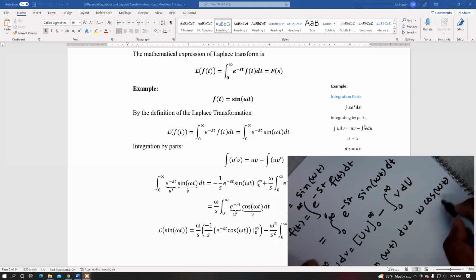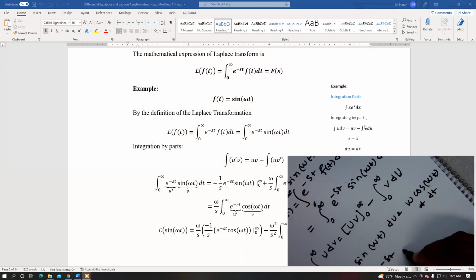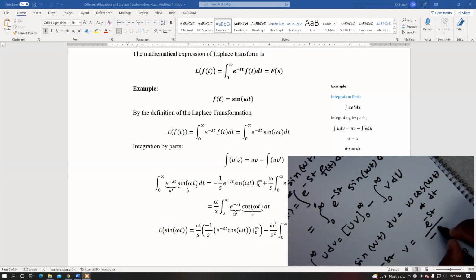And dv equals e to the power minus st dt, and by integration we can write v equals e to the power minus st divided by minus s.